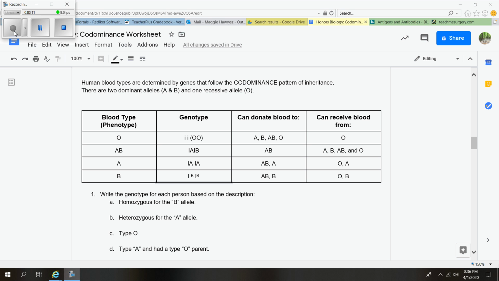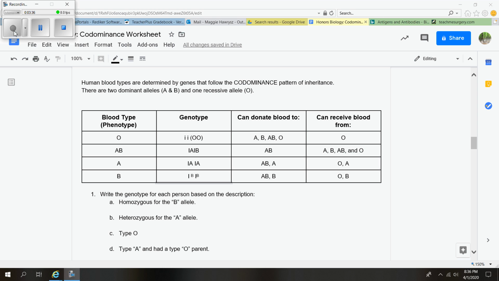Because we know that blood types are, in fact, inherited, just like Mendel discovered with his traits with his peas, that those were traits that were inherited from their parents to offspring. And so this idea that blood type can be passed on from your parents to you is pretty cool, I think.